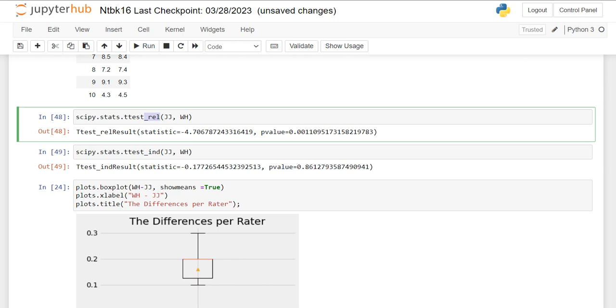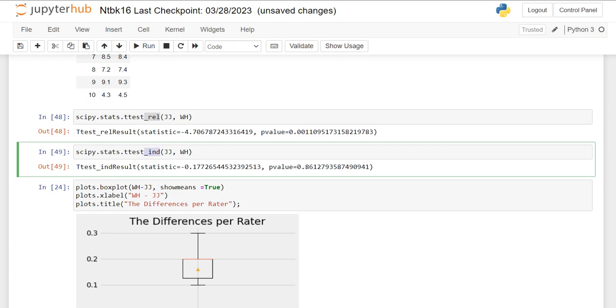We want to use it when we can because it's going to produce more precise, more accurate results. If we use the two-sample t-test, ttest_ind, on matched pairs data, we get a different p-value, and it's inaccurate because we've used the wrong test. I can't use ttest_ind when the data comes from matched pairs.